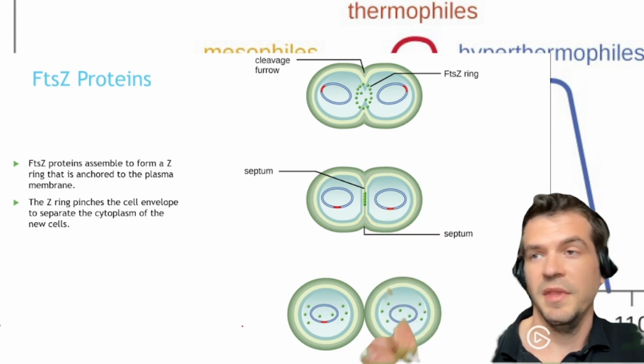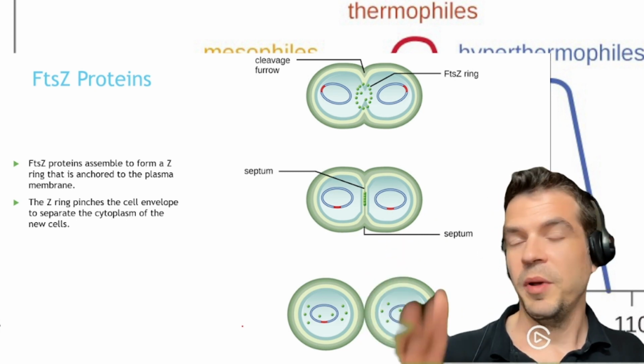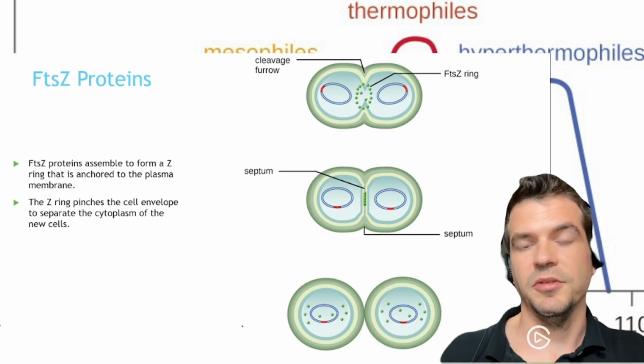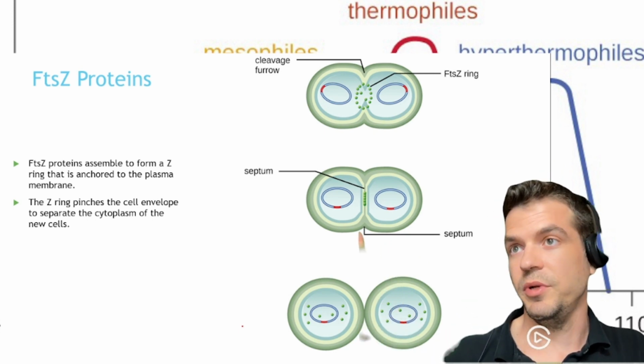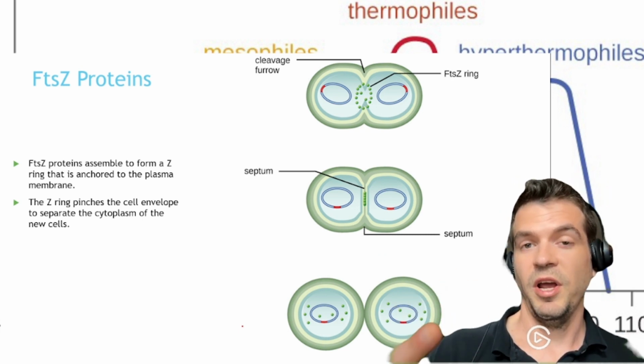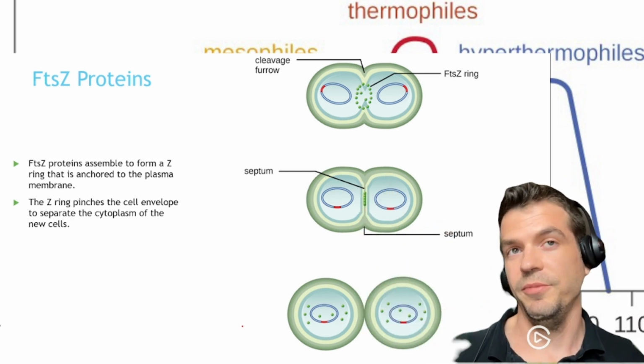No protein, no cells. So remember this, because it's more about how they divide, yes, but there are a lot of factors that we've already learned that go into this slide. Protein, peptide bond, ribosomes all highlight here what we need to know.